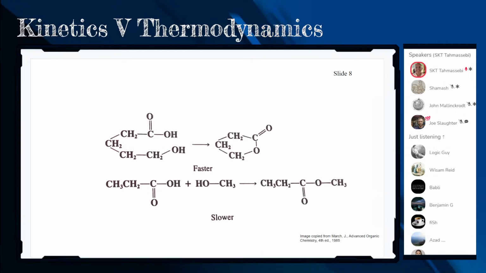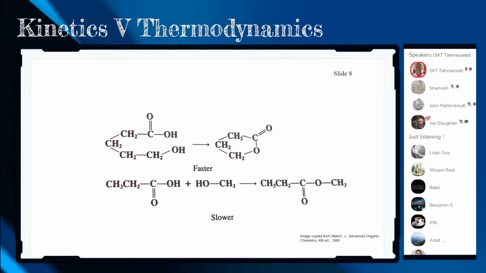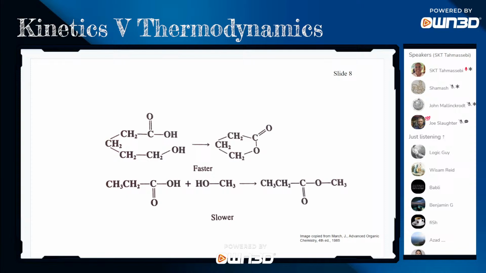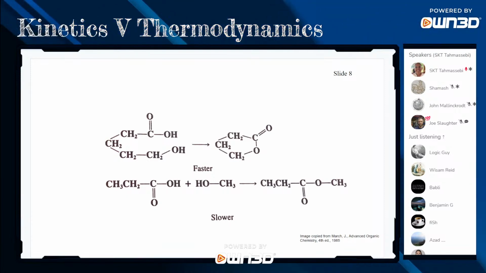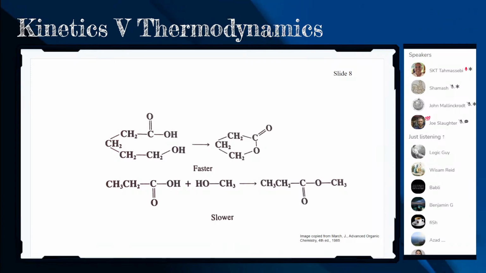So some of them at the high end will have enough energy to go over, but because the T delta S is not as significant at lower temperatures, you have fewer molecules at the right end of the Boltzmann distribution. So it goes a lot slower. Questions?